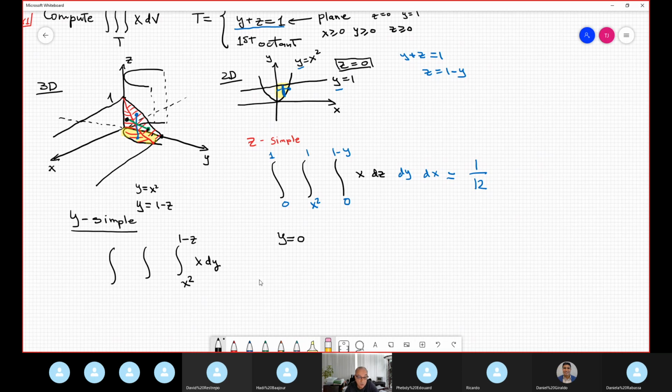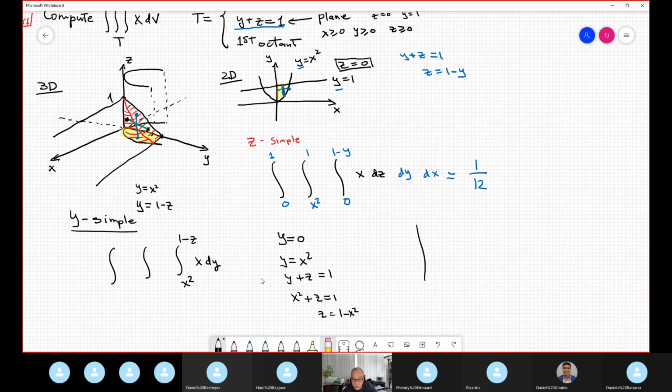Suppose that we have the equation y equal x squared, and we have the equation for the plane y plus z equal 1, ¿no? Entonces I saw que y is common. Ajá, entonces I can write like that, x squared plus z equal 1. In other words, z is equal 1 minus x squared.